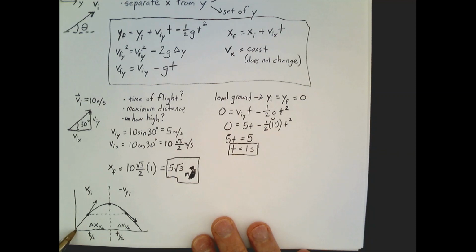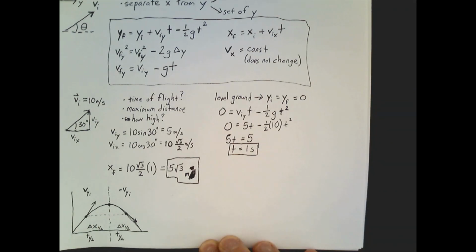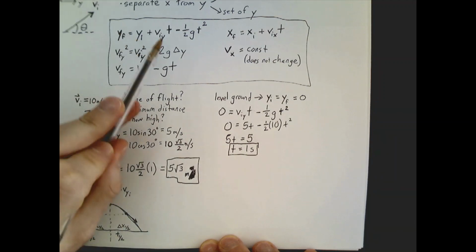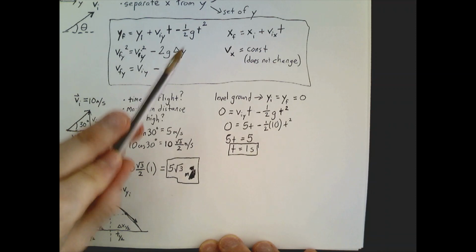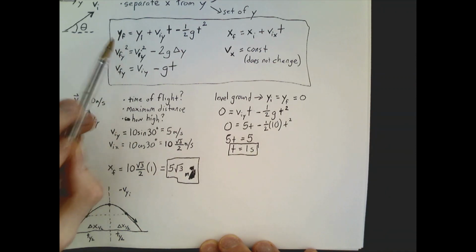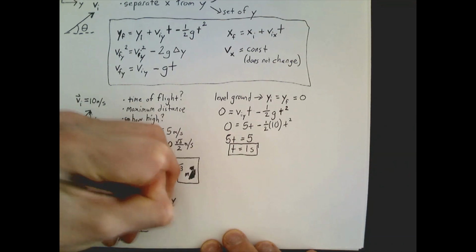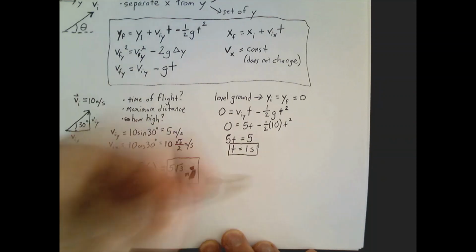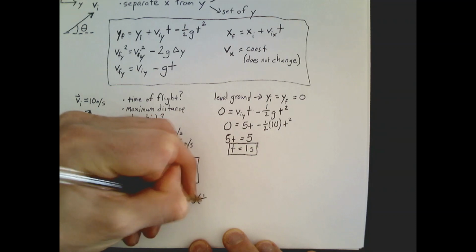But from this, we can see if we know the time of flight, 1 second, this tells us it takes only a half second to get to the top. So we can use that. We can now plug in t equals 1/2 into our y kinematic equation and figure out what y_f we end up with, what final height the ball ends up with at that instant. So we can get y_f. Initial height is 0. Our initial velocity we said was 5. We're plugging in 1/2.